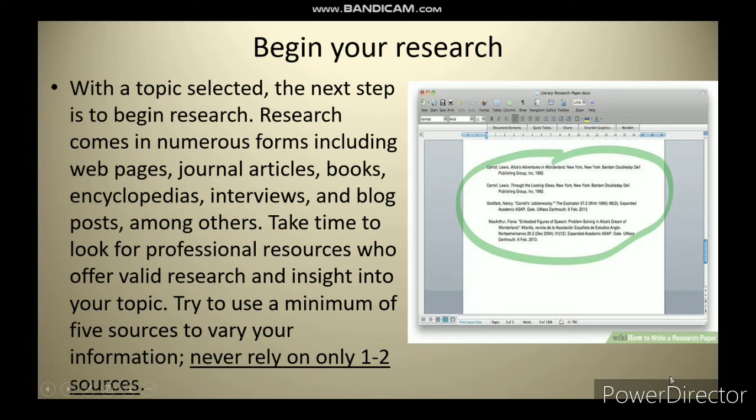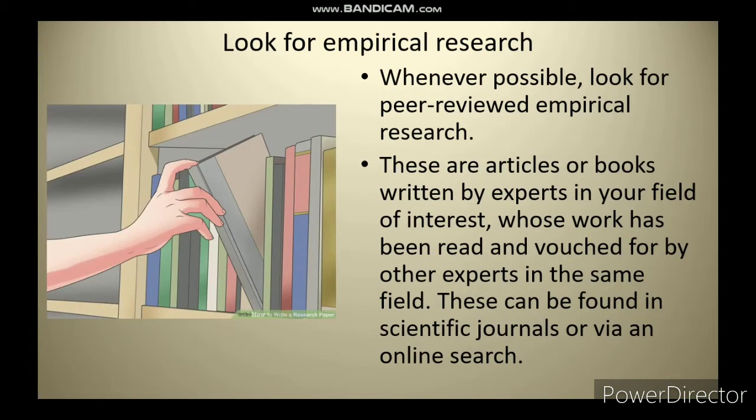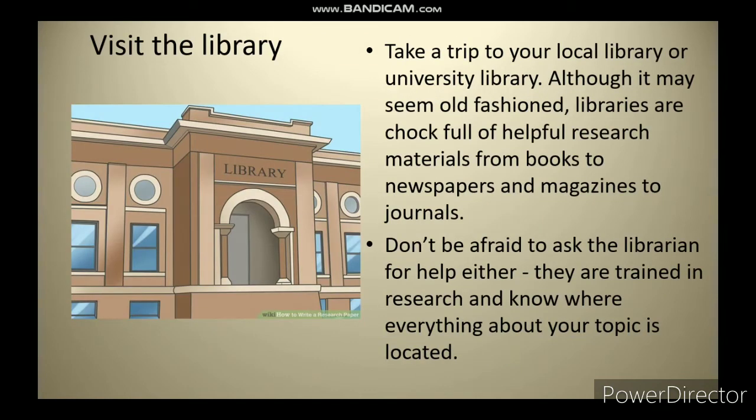Well, next thing you're going to do is to look for empirical information. Whenever possible, look for peer-reviewed empirical information. You can find this kind of information in your library. Take a trip to your local library or university library.